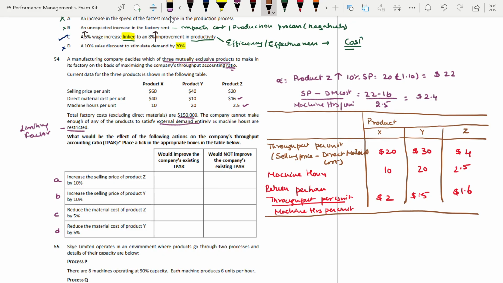Here it is 1.6, and we compare against 1.6. The new value is 2.4, and 2.4 is greater than 1.6, so it is improved. Are you clear about this?